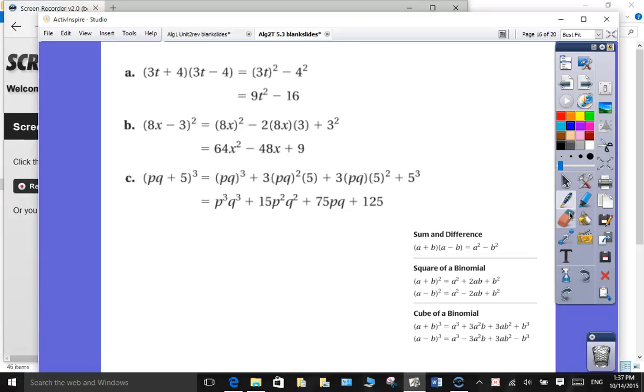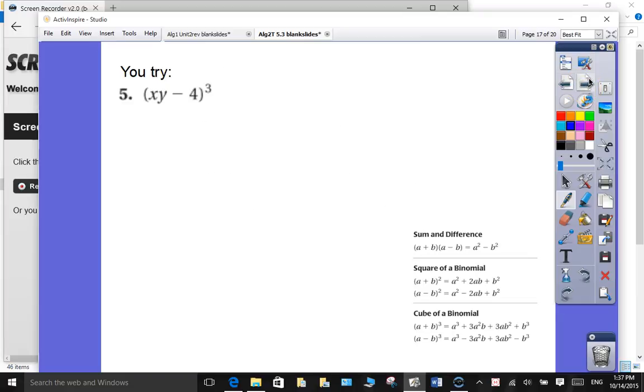The first one squared, the last one squared, and 2 times the first times the last. And I'm going to skip over that. Honestly, I think that if you got to that point there, I would probably just FOIL (xy - 4) times (xy - 4), and then multiply that by (xy - 4).